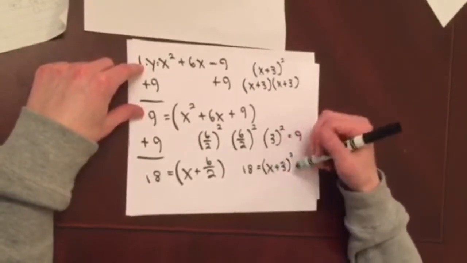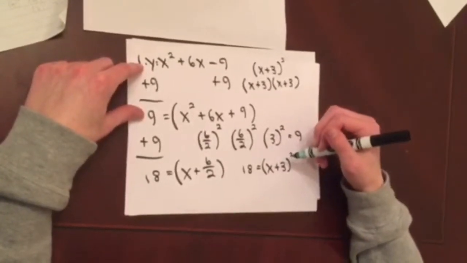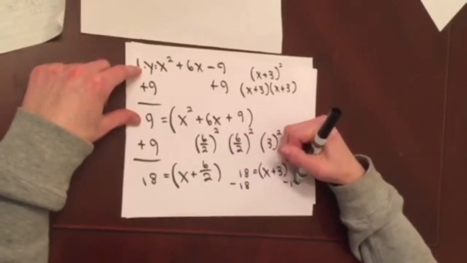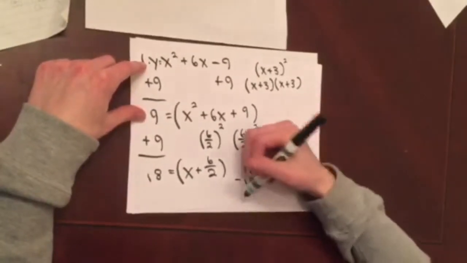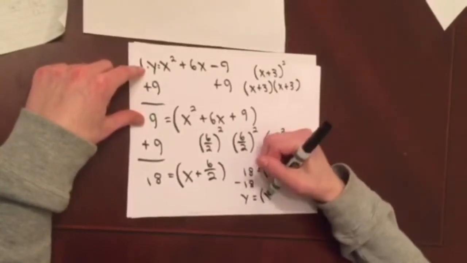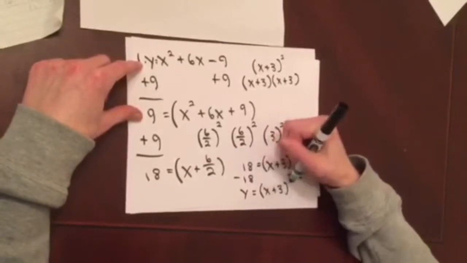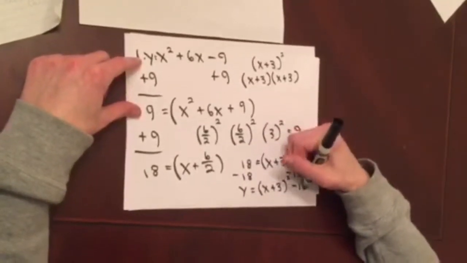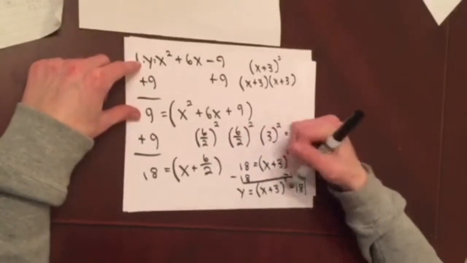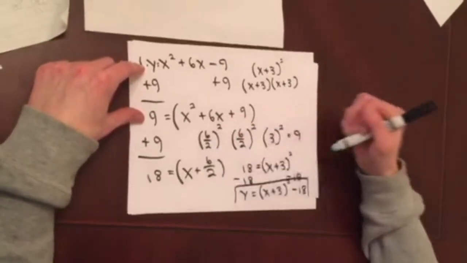Alright, so the last step of changing it to a vertex form equation would be to subtract 18 from both sides. So we can move it over. And we get y equals x plus 3 squared minus 18. And this right here is your vertex form equation.